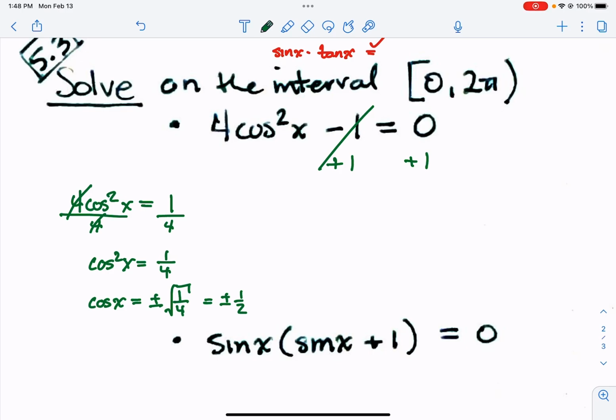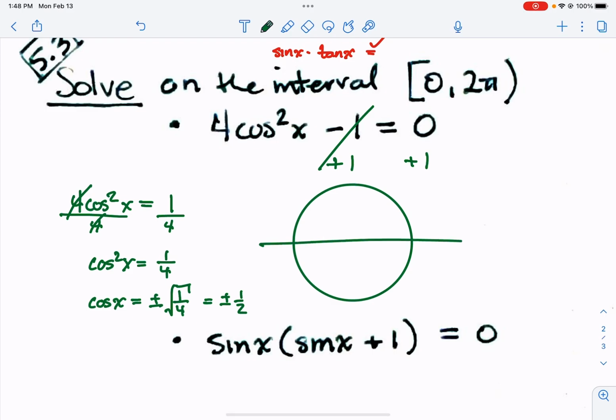And from here, this is where we want to get a sense for where that happens on the unit circle. What places? Well, I can think of at least one place. This angle here is pi over 3. This is where cosine equals 1/2, because the coordinates here are 1/2, radical 3 over 2.